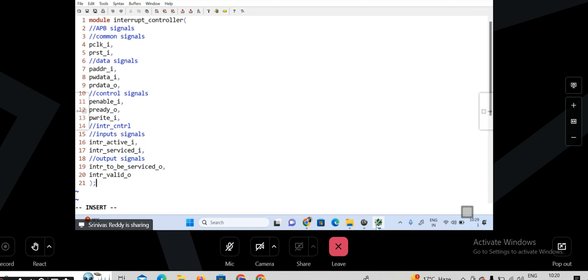Input. What is the address? PADDR is an input or output? Input. What is the vector of this?